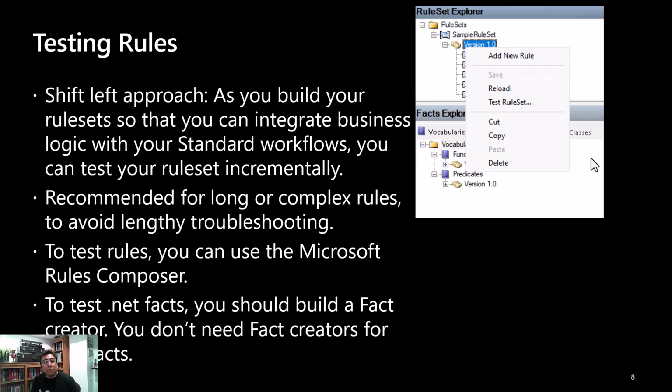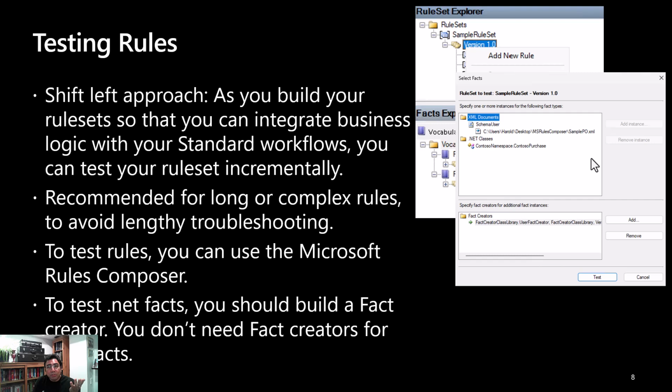Now, to test rules, you use the Composer as stated, and to test .NET facts, you should build a fact creator. So let's talk a little bit more about this. We said that we have two types of facts, the XML facts and the .NET facts. For the XML facts, we just need an instance. So in the test rule set option, we add an instance of the XML fact. But if you want to test a class, then we need a class generator.